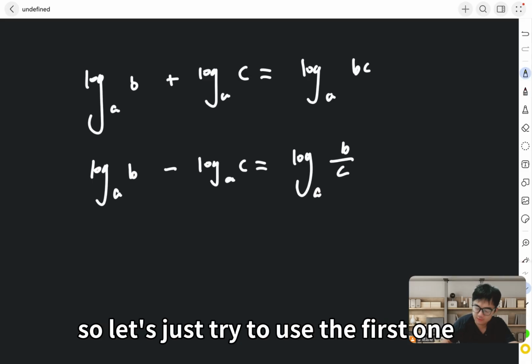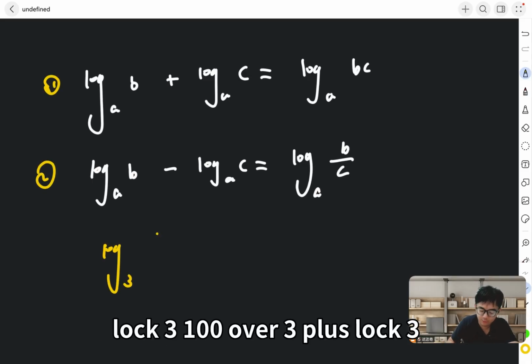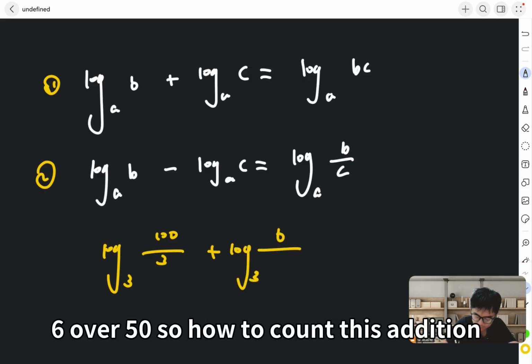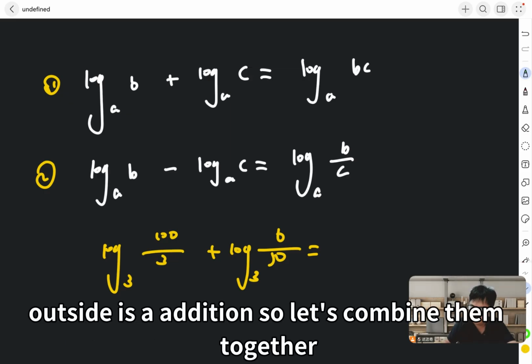Let's try to use the first one: log 3 of 100 over 3 plus log 3 of 6 over 50. How do we count this addition? Let's just use the rules. Outside is addition, so let's combine them together.